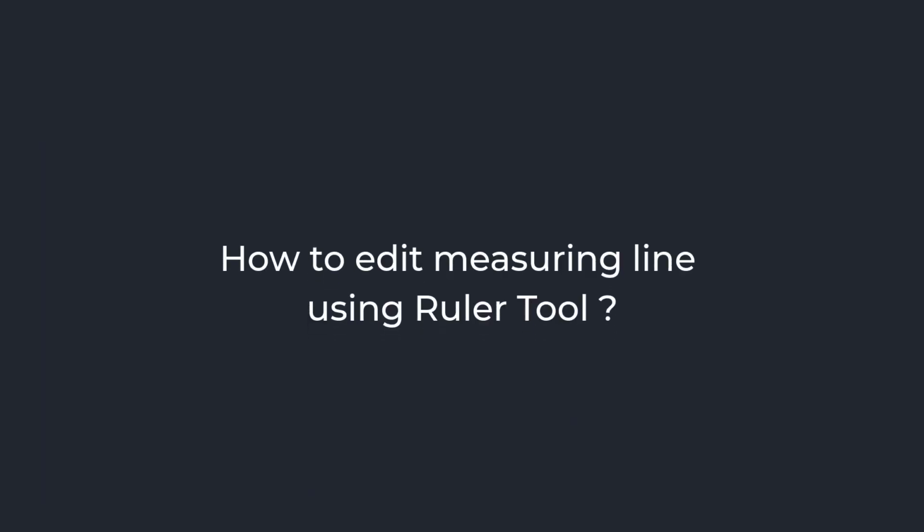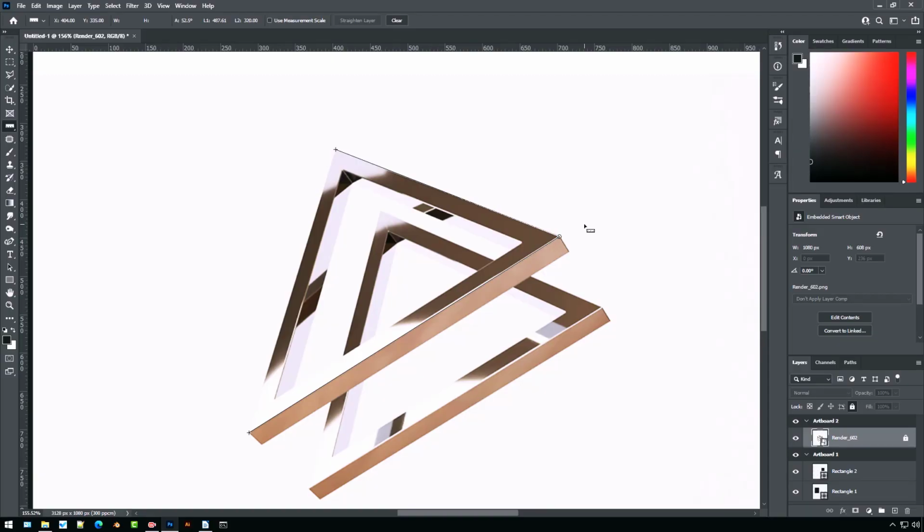Now many users will ask how to edit the measuring line using the ruler tool. No worry, simply select the ruler tool. Remember that if your document has an existing measuring line, then selecting the ruler tool causes it to be displayed. Now do one of the following things. To resize the measuring line, drag one end of the existing measuring line.